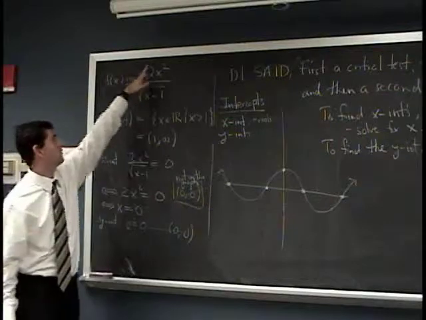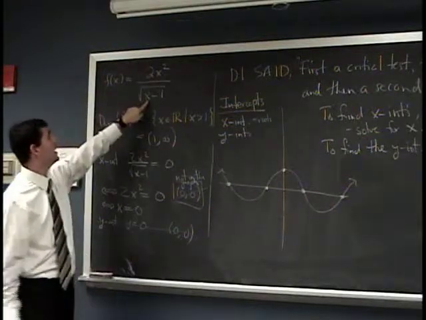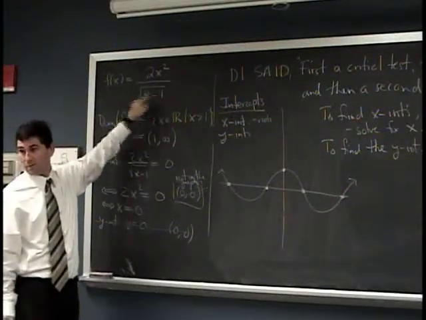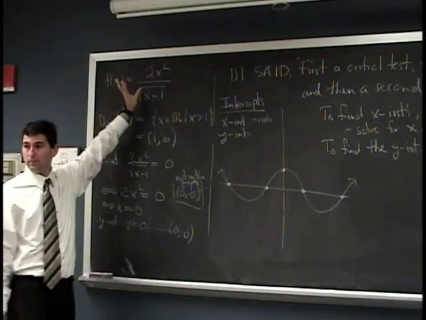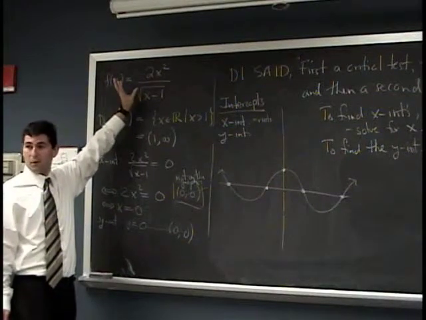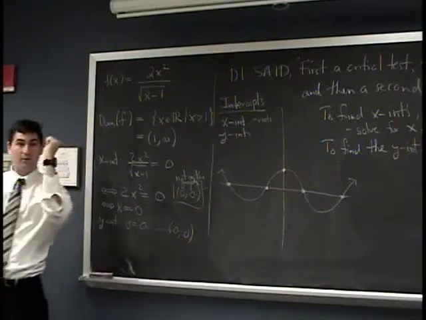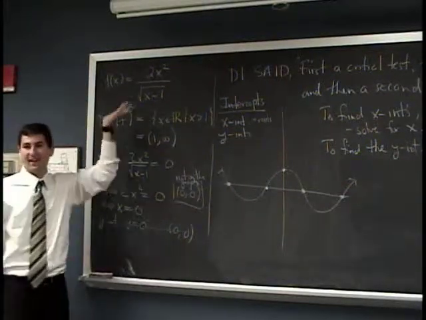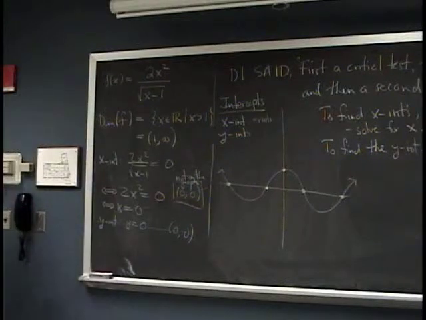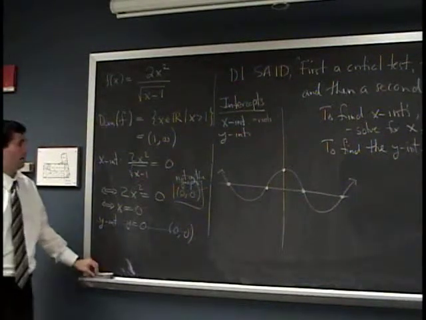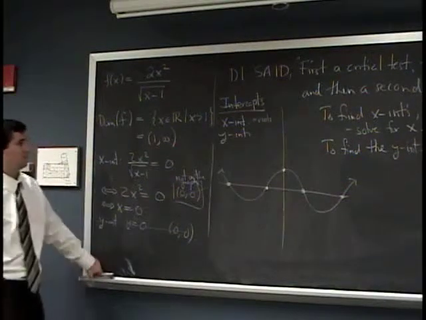If I put a 0 into this function, sure, the top is 0, but the bottom is 0 minus 1, which is minus 1, and I take the square root, which I'm not allowed to do. So it's not a real intercept because it's not even in the domain of the function. The intercept means I should have a point on the graph, but I can't draw a point there, because the function doesn't make any sense there.